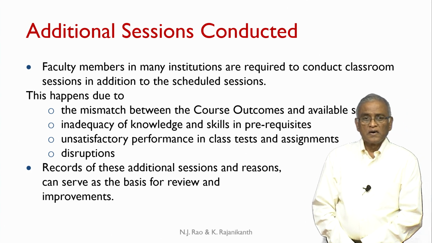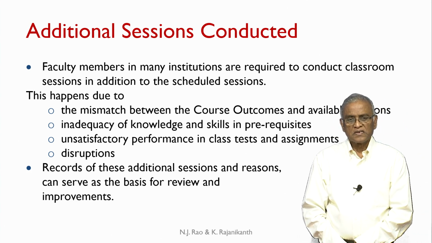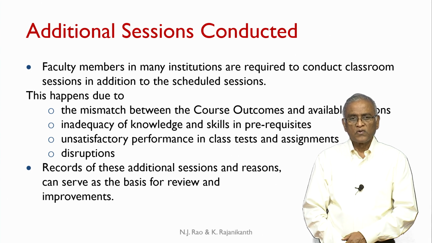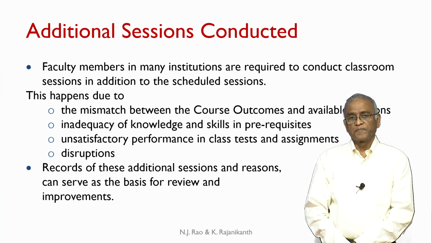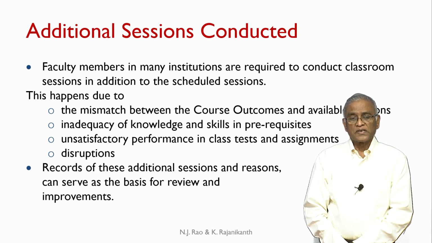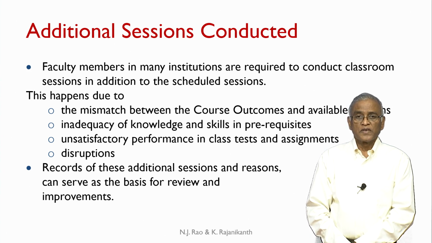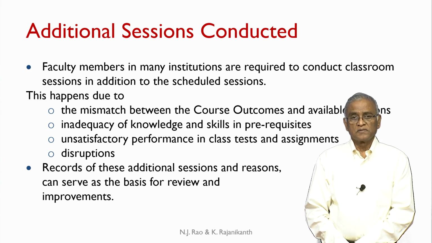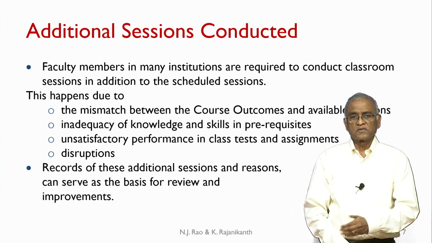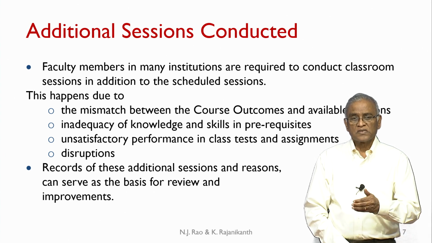And records of these additional sessions and reasons can serve as a basis for review and improvement. What kind of improvement? If the number of sessions that you have to do to address all the course outcomes is way beyond the scheduled hours. Let us say you have a 4 credit course, then you are conducting 4 sessions per week.